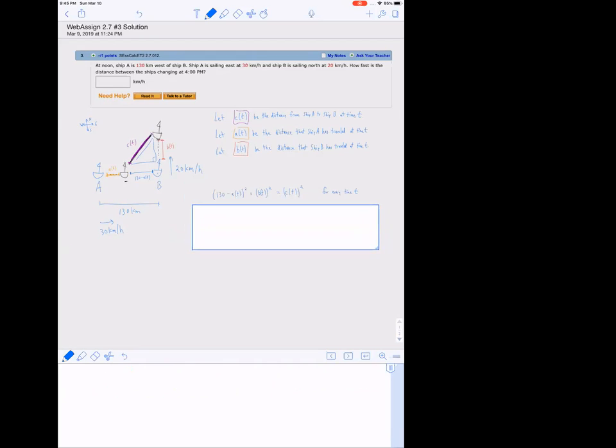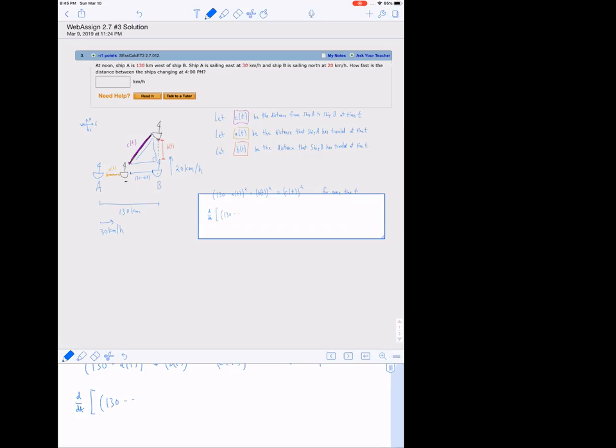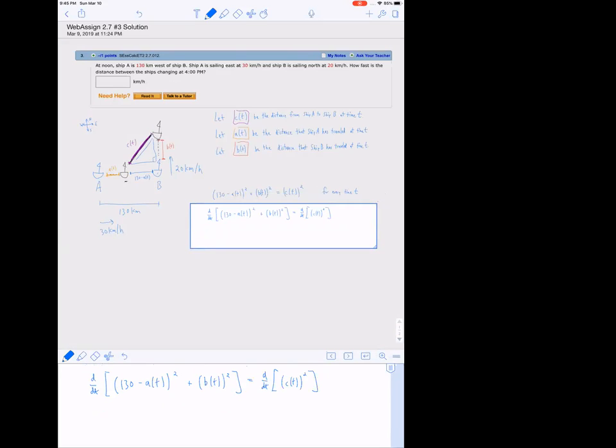Since we know that rates are going to be important, let's take the derivatives of both sides of this equation. So we get d/dt of (130 minus A of t) squared plus B of t squared, and on the other hand, we're going to take the derivative of C of t squared. All right, well here then we're going to find that 2 times the quantity 130 minus A of t raised to the first.